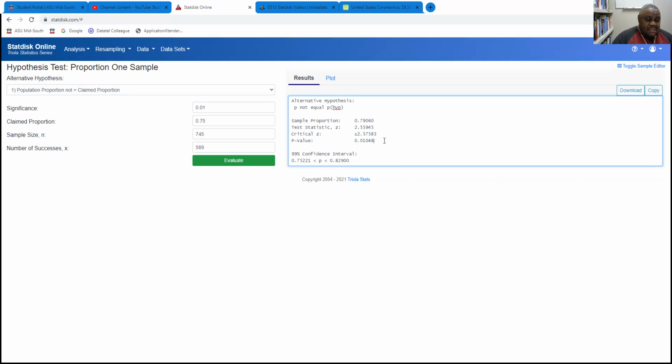Or saying that there is not sufficient evidence to reject the claim that 75% of adults say that it is morally wrong to not report all income on tax returns. Okay, that's how you do that first problem.